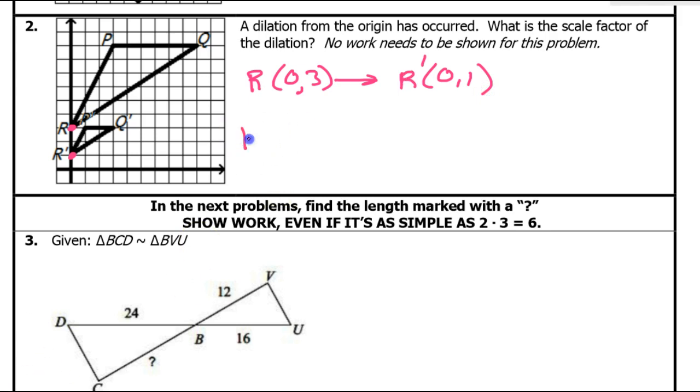The formula for scale factor, which I represent with the letter k, is new over old. We can't use the zeros because you can't divide by 0. R prime is the new point, and R is the original. So new over old would be 1 over 3. So the scale factor is 1/3.